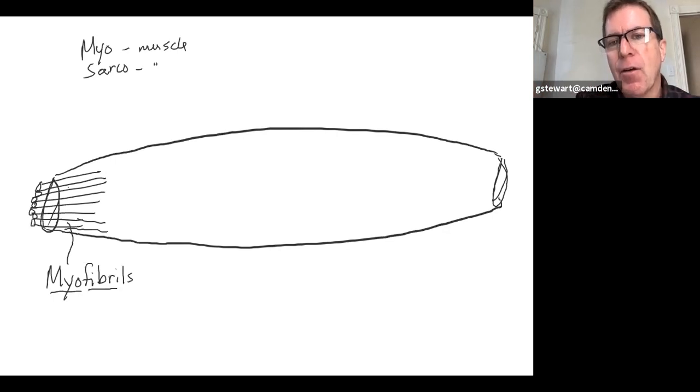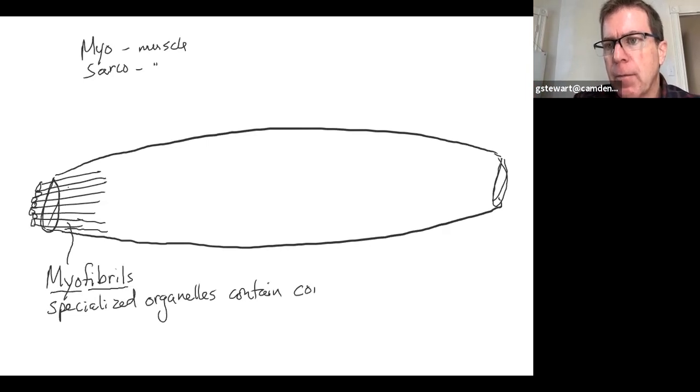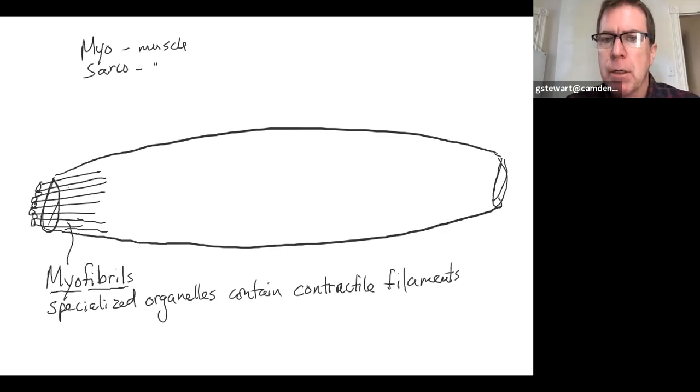I'm going to write this out. They're specialized organelles found within an individual fiber that contain contractile filaments. A contractile filament is just a long stringy protein that actually produces the shortening, the contraction of the muscle.